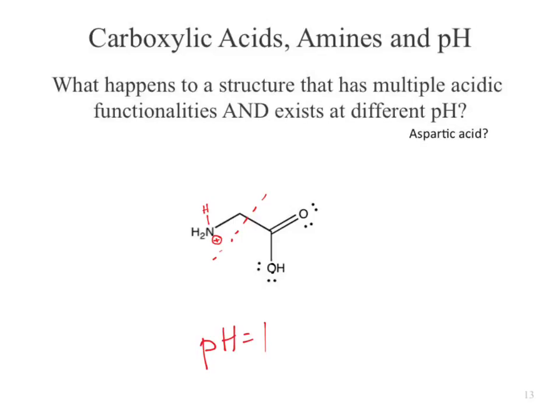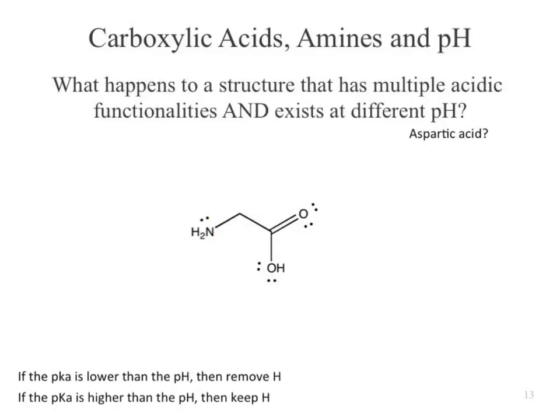That relationship is ultimately coming from what famous named equation? Not Le Chatelier. The Henderson-Hasselbalch equation. One little cheat you can do: if the pKa is lower than the pH, then you can remove the hydrogen.